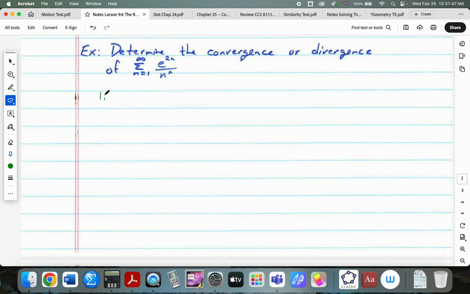So I'm going to take the limit as n goes to infinity of the nth root of the absolute value of e to the, when I replace n with n plus 1, that's going to be 2n plus 2 over n plus 1 to the n plus 1, all over e to the 2n.